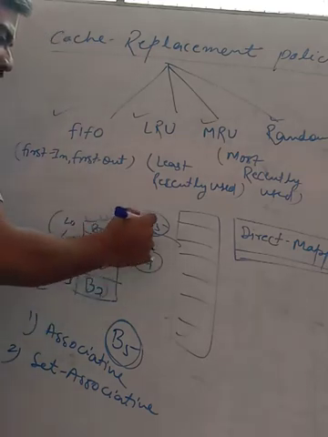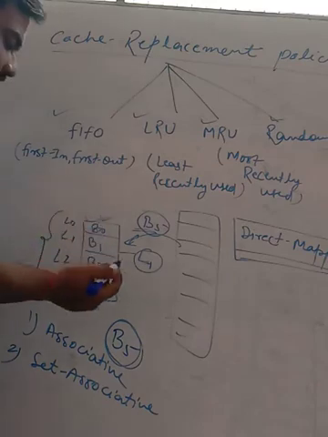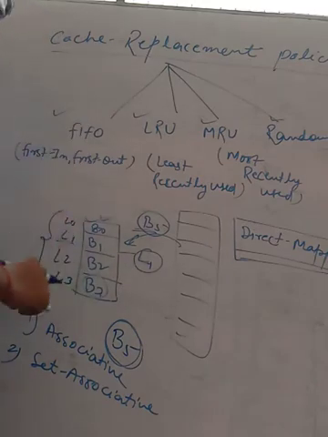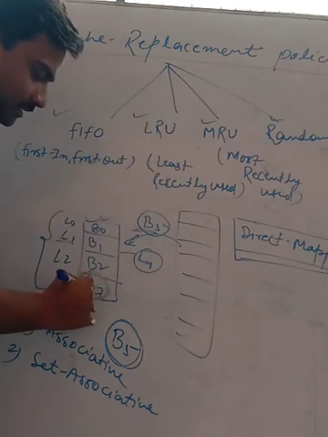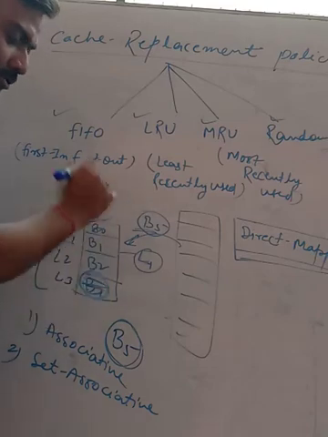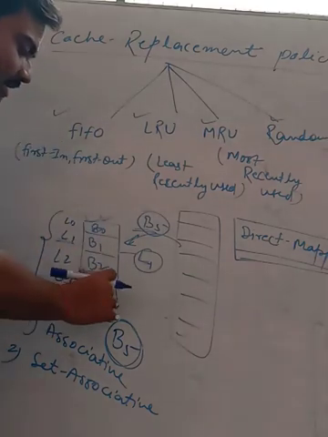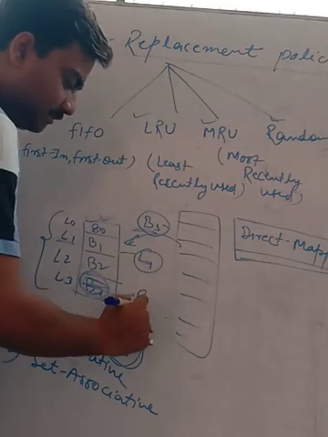In direct mapping, B5 can always be stored only in L1, but with associative mapping, if B5 is required and B3 is vacant or the data of B3 is not useful, we can replace B3 with B5.